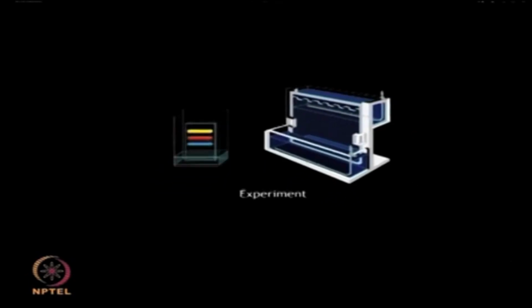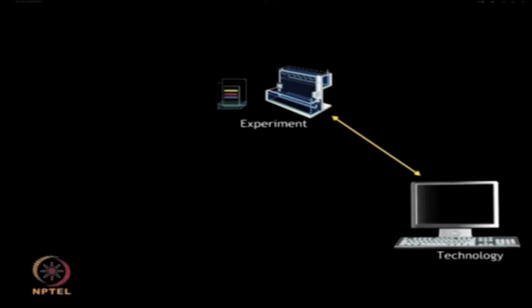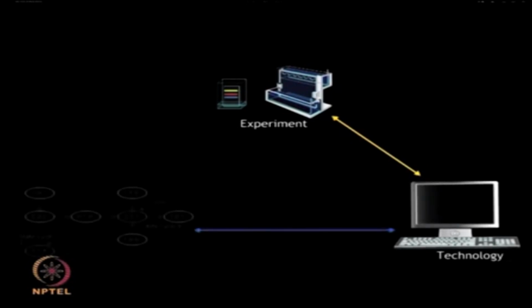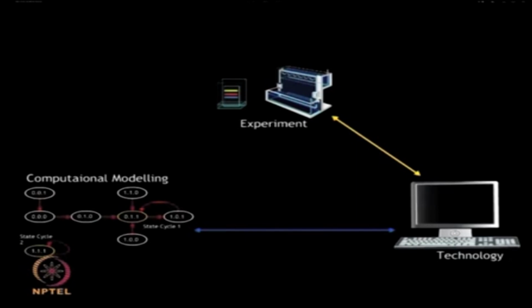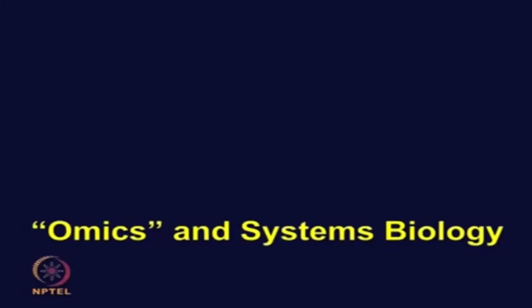The information about the molecular interactions comes from interactomic studies. Here it is shown that in a systems approach, experiment, technology and computational modeling, this triangle is very important, which has to be linked with the theory to form a systems triangle.